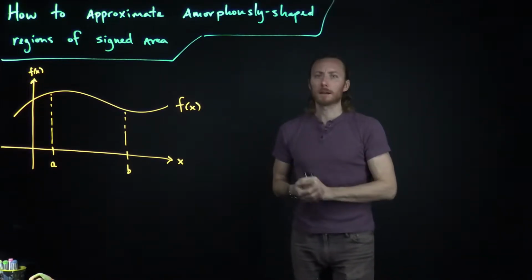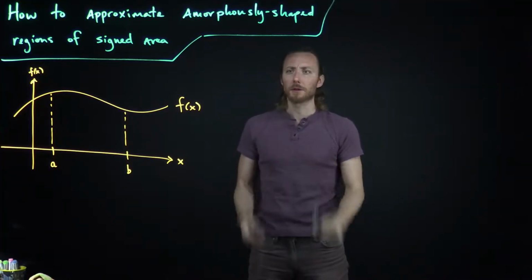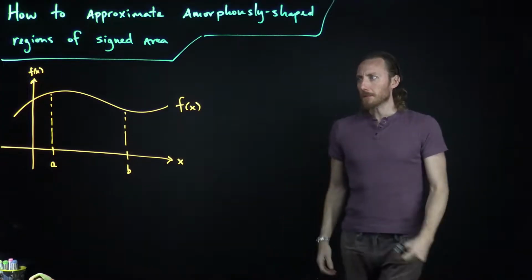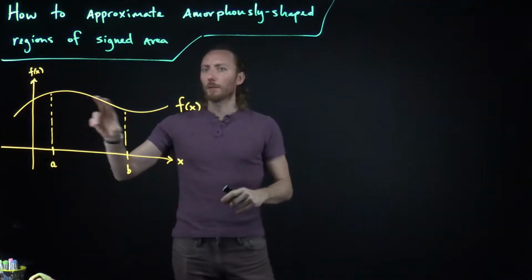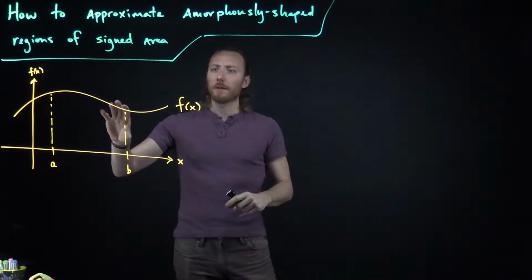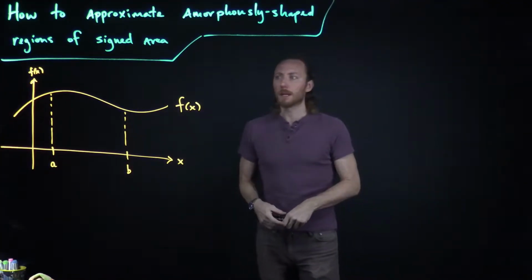All right, welcome back. If you recall from our last light board discussion, we emphasized that these area regions that lie between the graph of a function and the horizontal axis are quite meaningful.